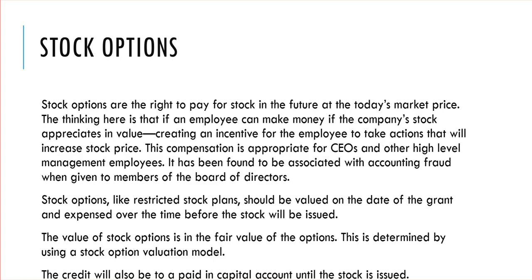They don't get to purchase a stock today, but if they continue in their employment, the board of directors is going to say, you are going to have the option to purchase at a discount. And it only has a discount, though, if stock price goes up. These stock options need to be valued on the date of the grant and expensed over the time before the stock will be issued. And there's a time period at which usually these options will expire.